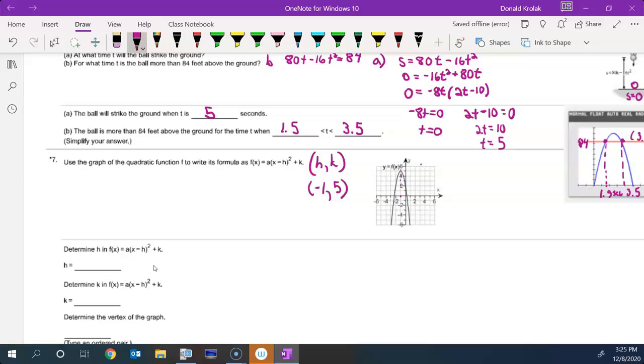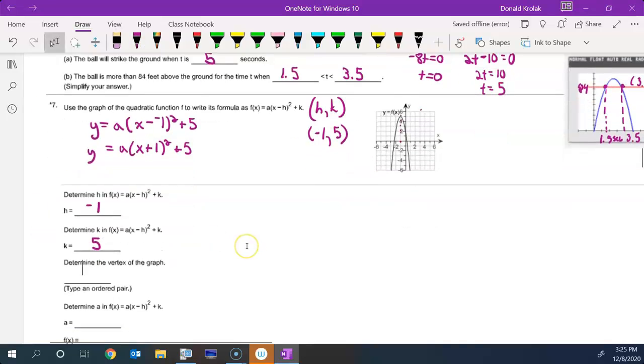This equation is going to look like this until I figure out what a is. h is -1 and k is 5. Okay, the vertex of the graph is then (-1, 5).